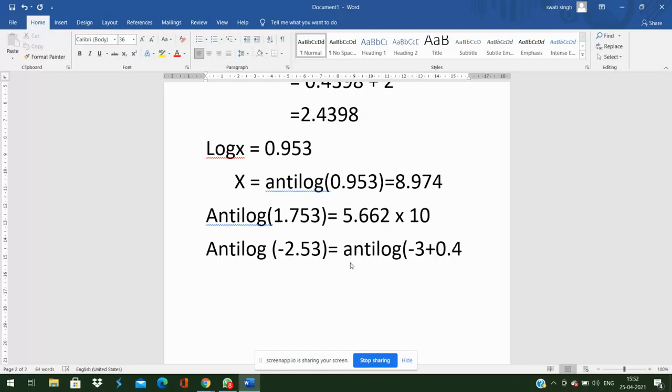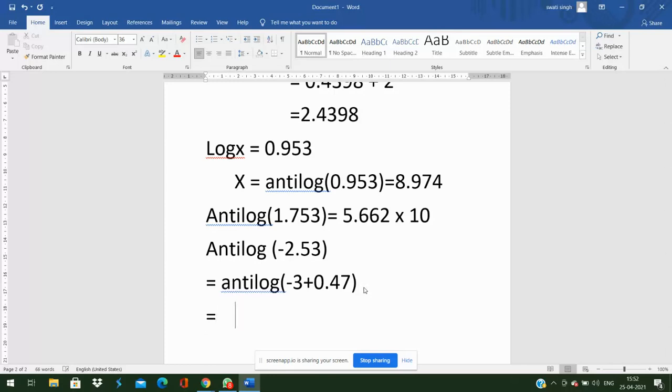So 0.47. I am going to write it in the next line. So minus 3 will be 10 to the power minus 3 and we will get the value of antilog 0.47.